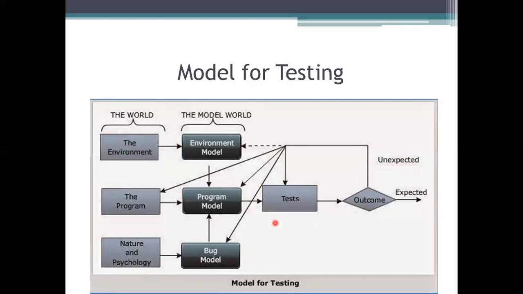Here the next topic is the model for testing. We need to provide 4 steps while performing a test. The first one is the world of developing our project, and what we need to include to test it. While performing the test, the outcome will decide whether it is passed, failed, or a test executed one.